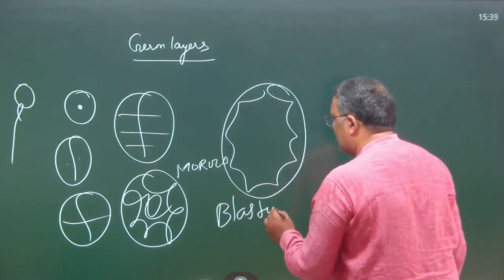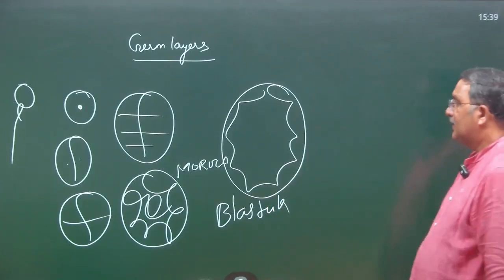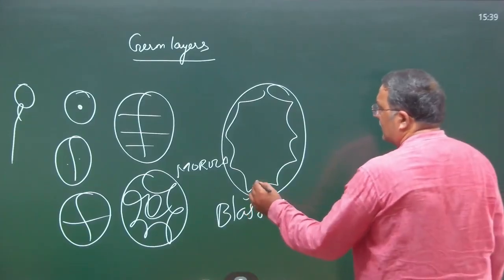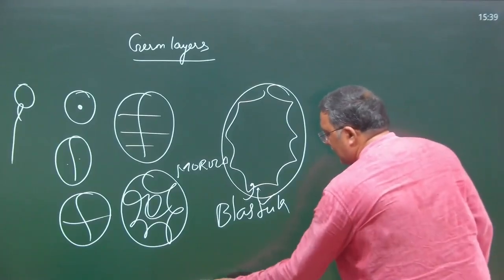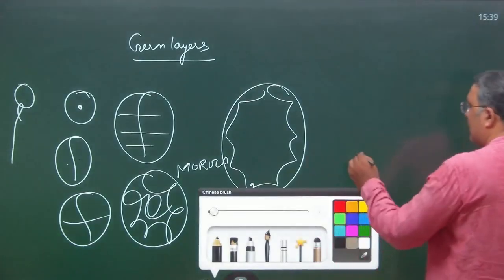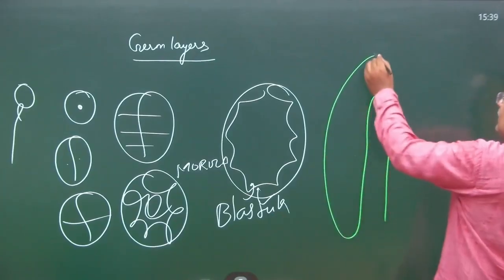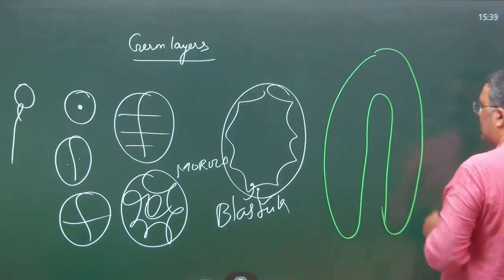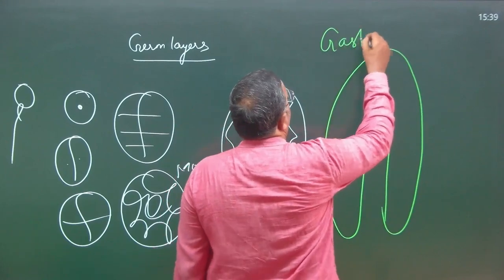The cells of the blastula stage invaginate inside and form a stage called gastrula. This is the stage we want, the stage called gastrula.